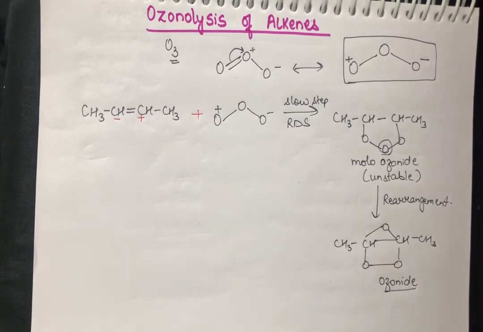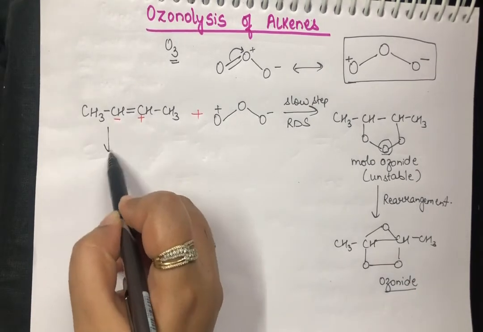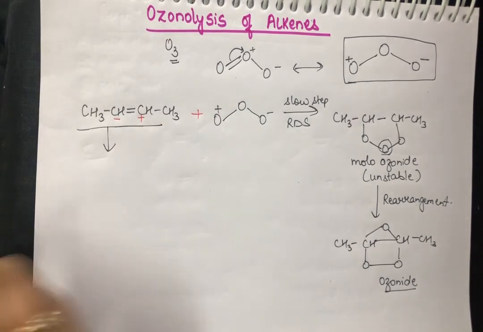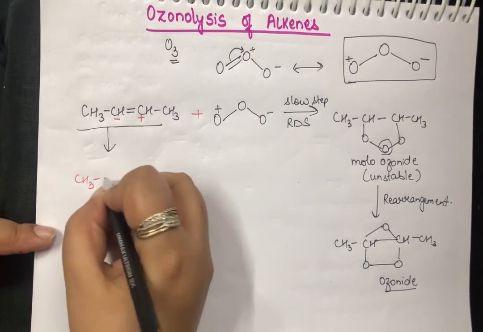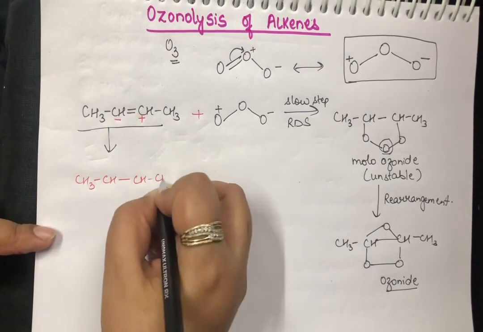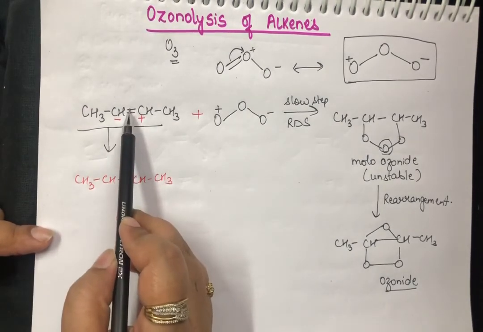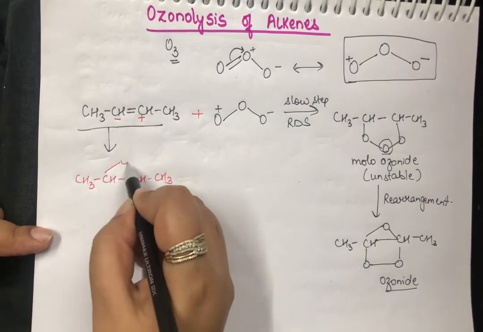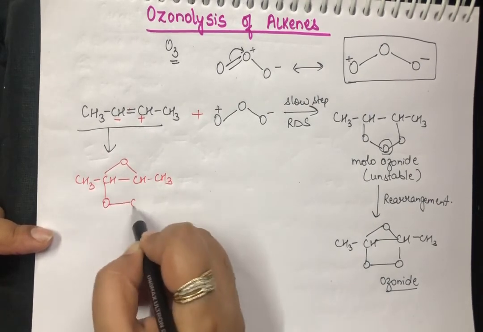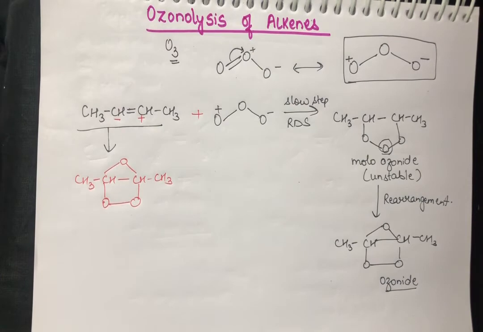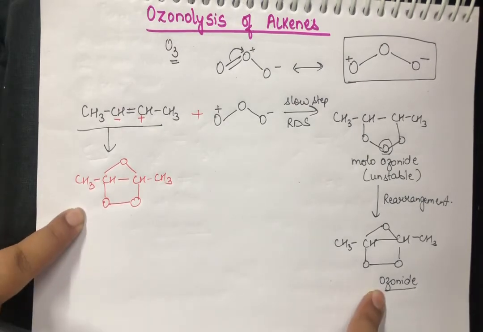In the exam, you can directly use the trick that whenever you see an alkene, just take up one electron from here, because the ozone molecule is going to be added, and add them in the shape of a heart like this. So you will directly have the ozonide in one step.